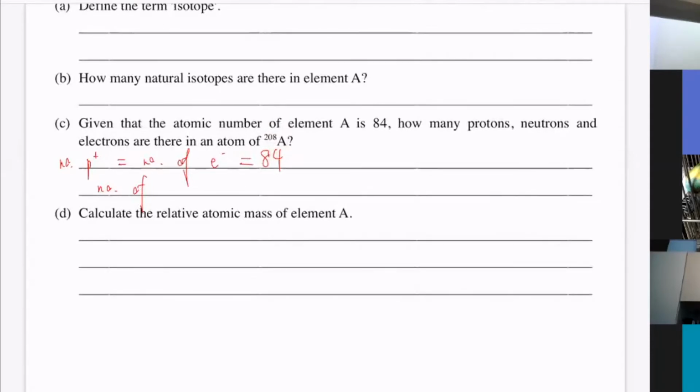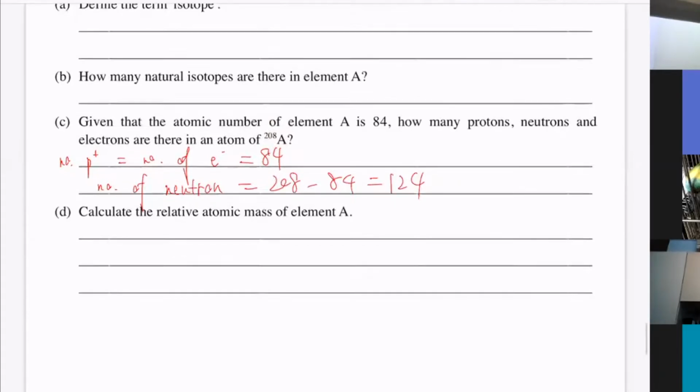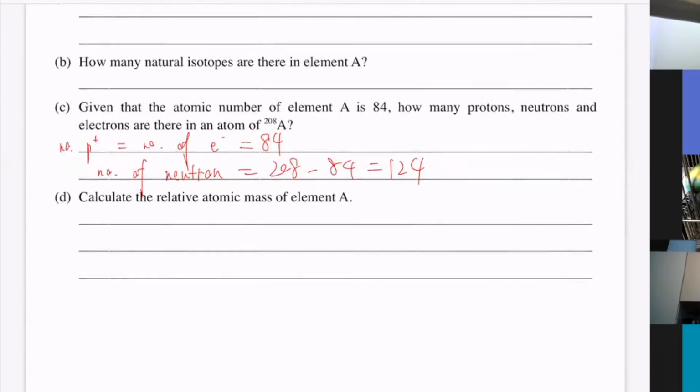So it should be the other way around. So for the number of neutrons, yes, you need to do subtraction, and the answer you gave to me, 124. Yeah, very good. And then calculate the Ar of element A. What's next? Larissa, please.